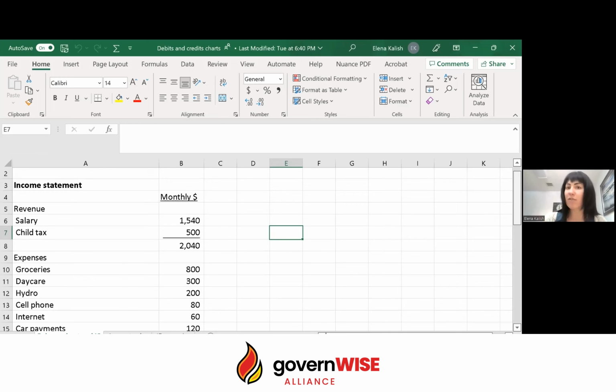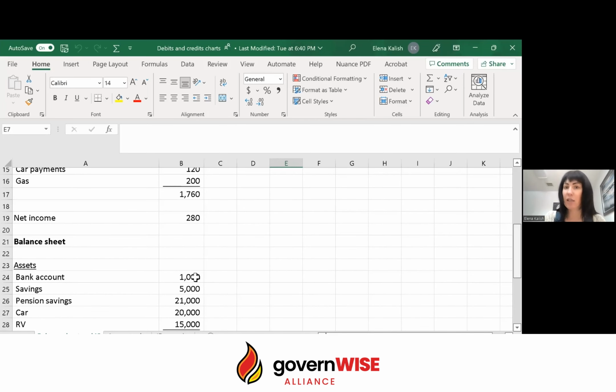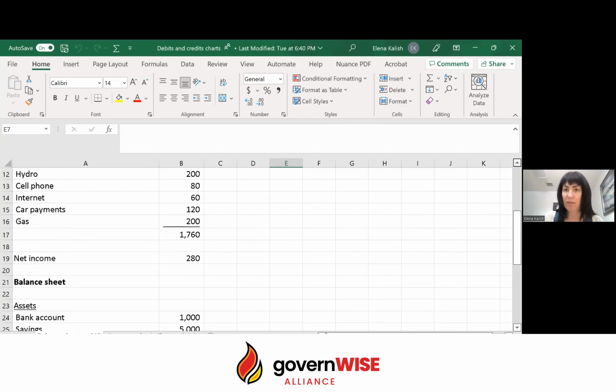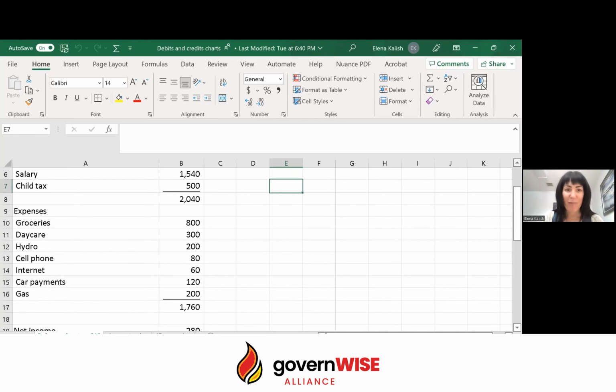So we received a salary payment. On one hand, we get salary income, but on the other hand, our bank account has increased, if it's a direct deposit going into our bank account, right? So there are always two things affected. Accounting likes to work in pairs. It's all about teamwork.